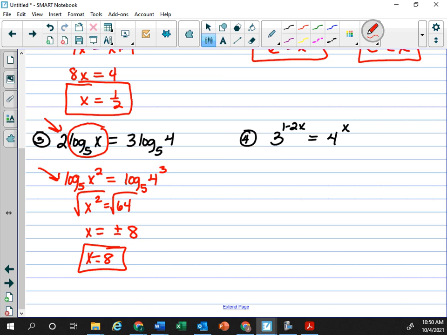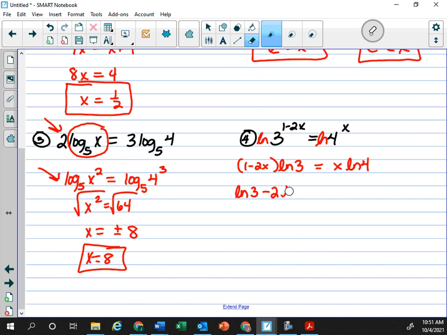Okay, number 4, this is one of those where you cannot make the bases match and you have to do the log or the natural log of both sides. The exponent then comes in front. Then I can distribute, so this is natural log of 3 minus 2, sorry, there's an x. 2x natural log of 3, and I still have x natural log of 4 on the right.